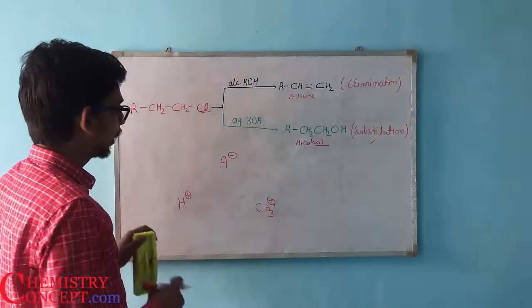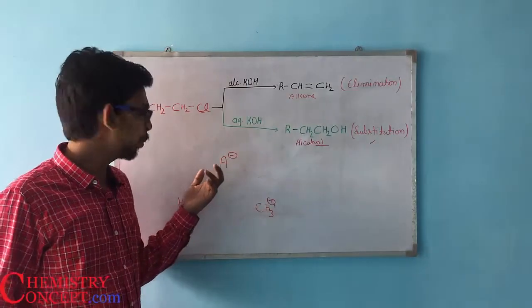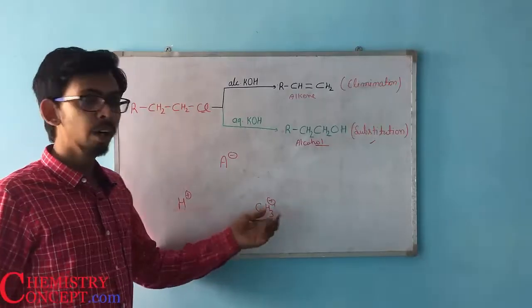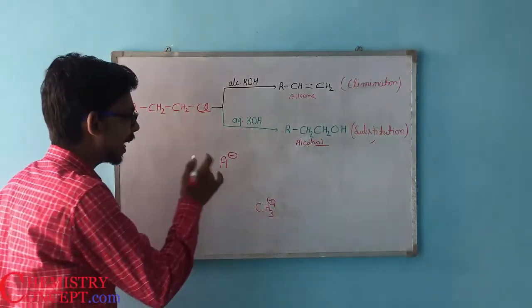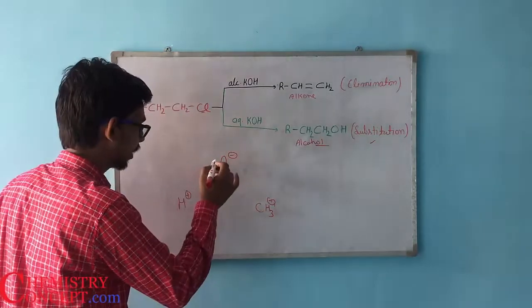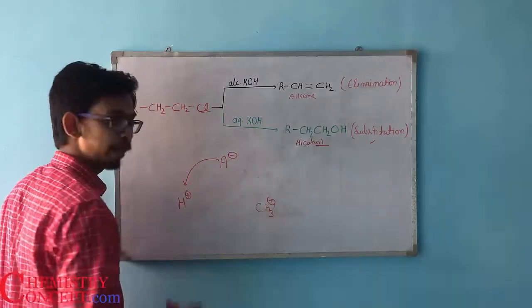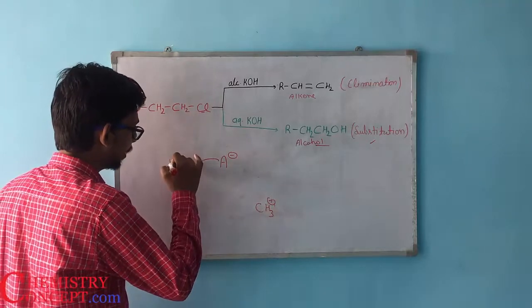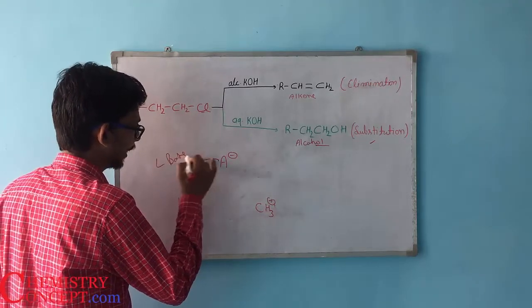We'll see whether this A negative has more affinity for H positive, the proton, or for the carbocation. If it has greater affinity for the proton as compared to the carbocation, it will behave as a base.